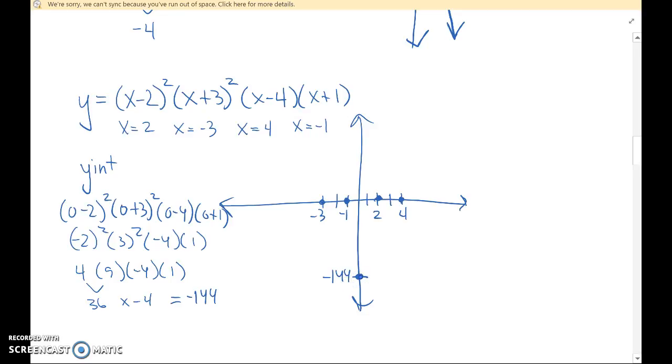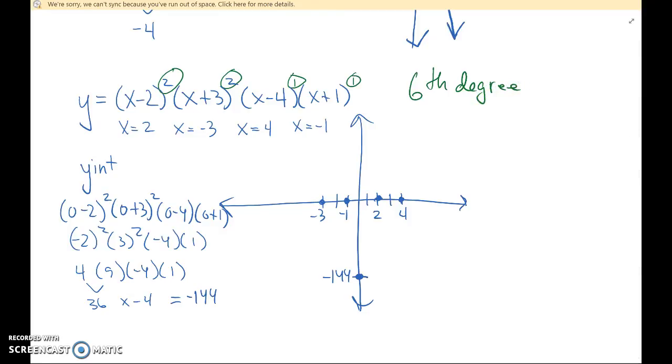And we need to identify the end behavior of this. And so if we look at the degrees on each of the factors, again, no exponent, so it's degree 1. And if we add 2 plus 2 plus 1 and 1, that's 6. So this is 6th degree. So because it's even, it's going to have an end behavior like a parabola.